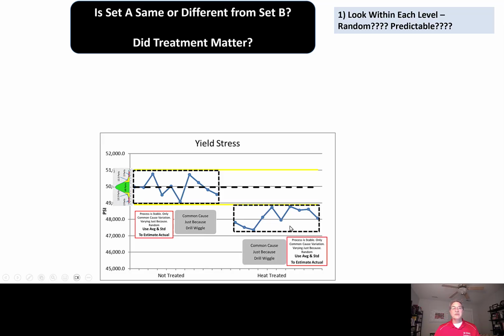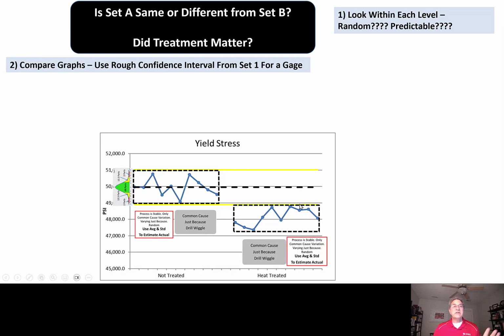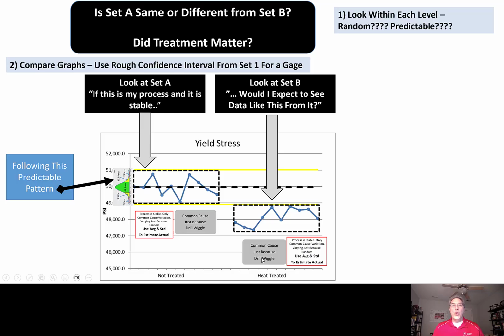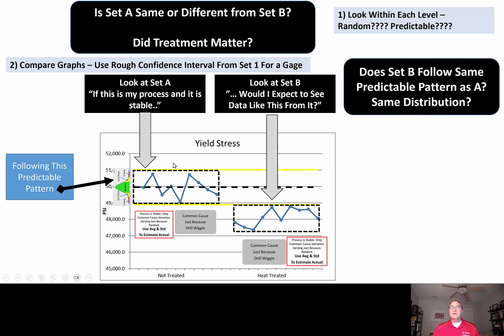It's common cause. Now what I'm going to do is compare the graphs and say, okay, if my process is stable, following this predictable pattern, would I expect to see this from it? And hopefully you look at that and you say no, but here's what you're asking. Does set B follow the same predictable pattern as A, same distribution?